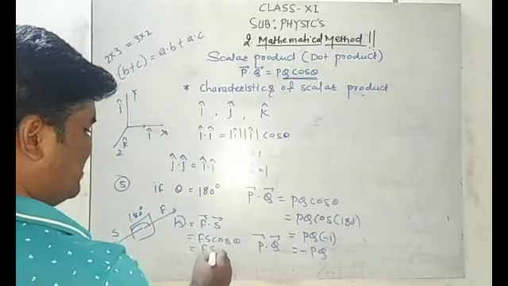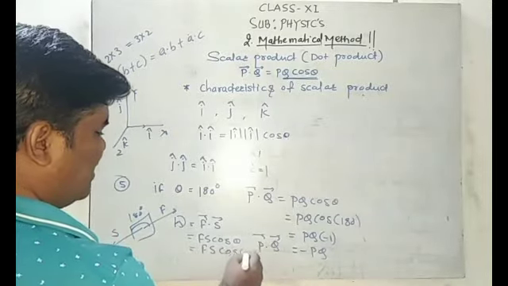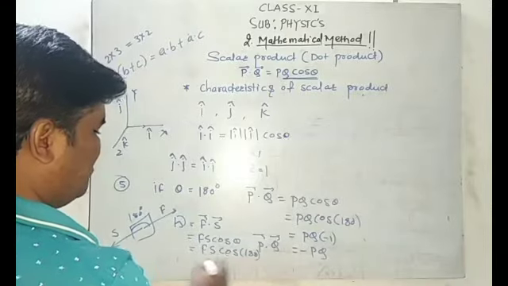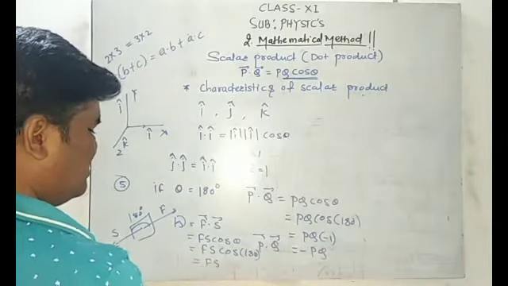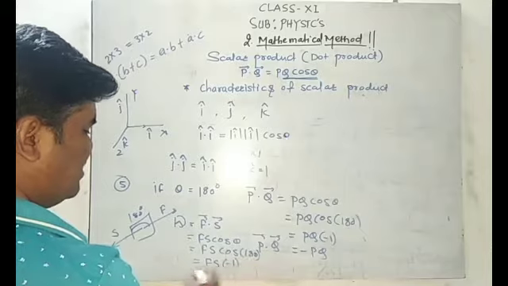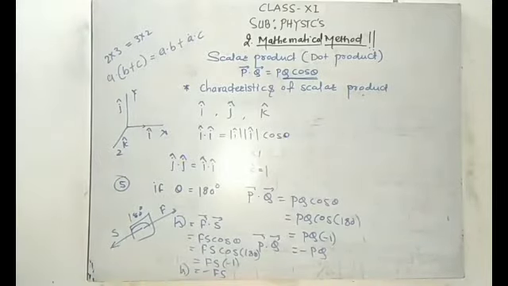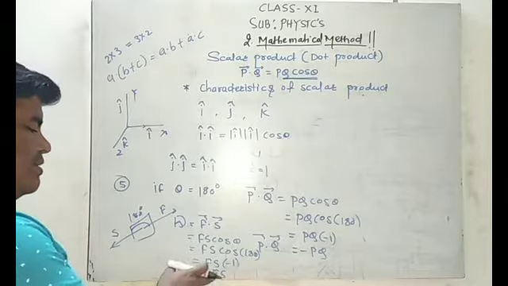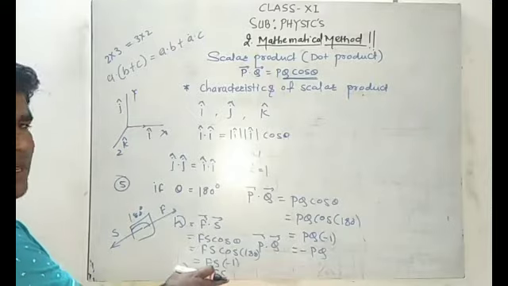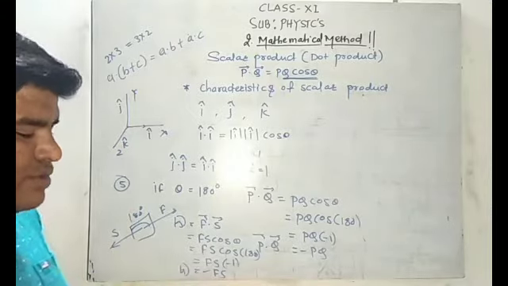Therefore Fs cos of 180 degree, which is Fs times minus 1, equal to minus Fs. So work done is equal to minus Fs when theta is equal to 180 degree.